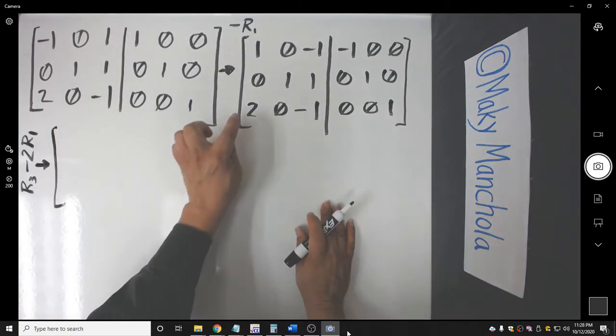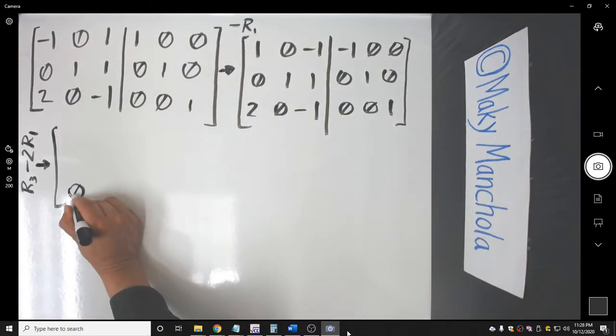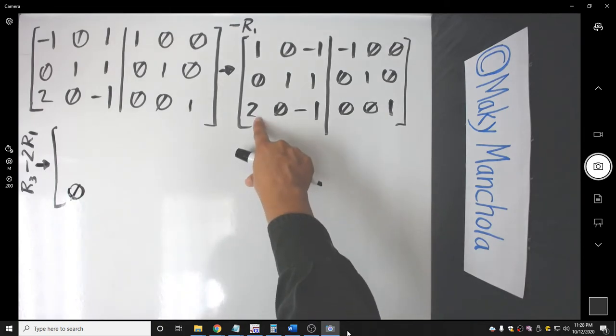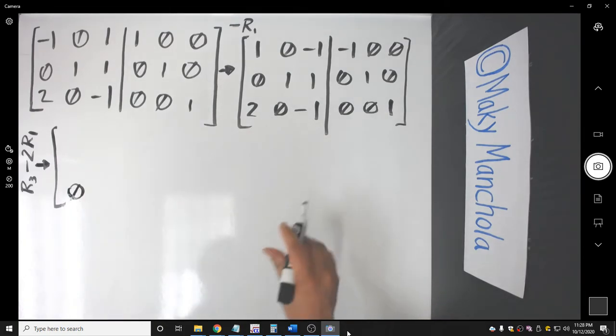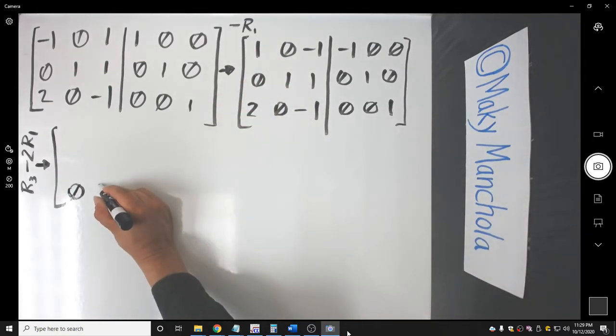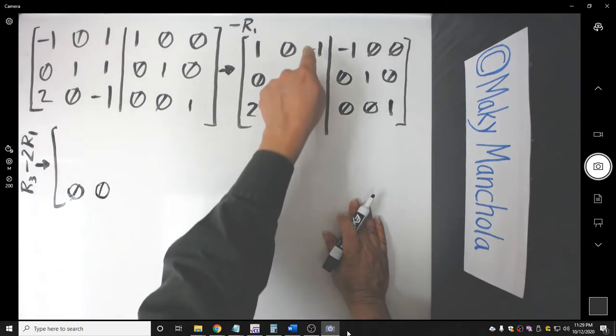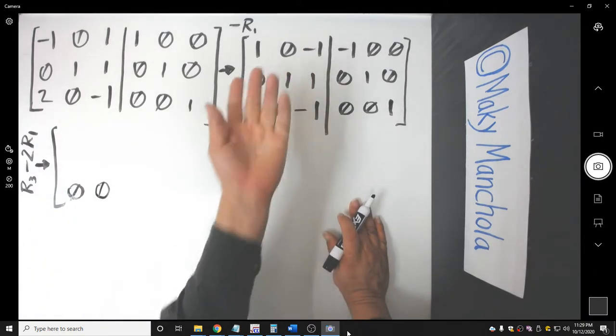Okay, so 2 minus 2 is 0. Mission accomplished. You wanted to make that a 0? Mission accomplished. 0 minus 2 times 0 is still 0. Negative 1 minus 2 times negative 1 is negative 1 plus 2.